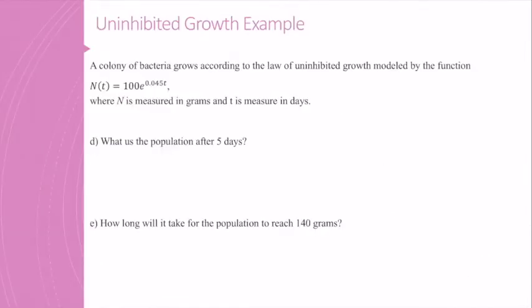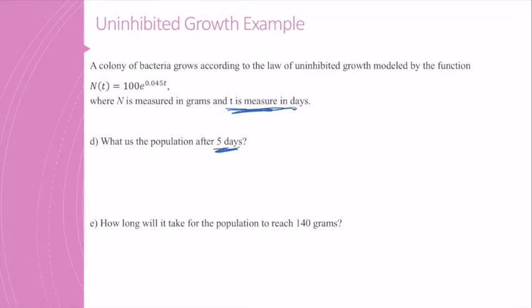Now, what if I wanted to know what the population was after 5 days, where t is time measured in days? Some of the homework is a little tricky. They'll give you how many days, but then t is measured in hours, so you have to multiply the days by 24. You know how to do that. You're a smart bunch. But let's say t is measured in days.